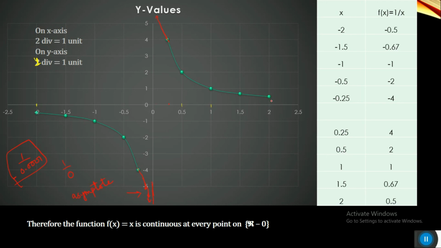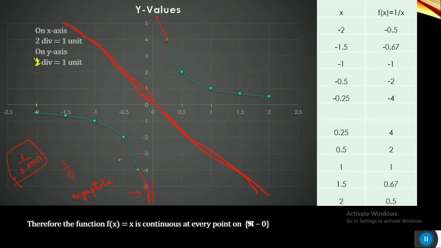If you draw this graph, you will obtain a graph which will look like images of each other. If you draw a line from the origin, they will look like images of each other.